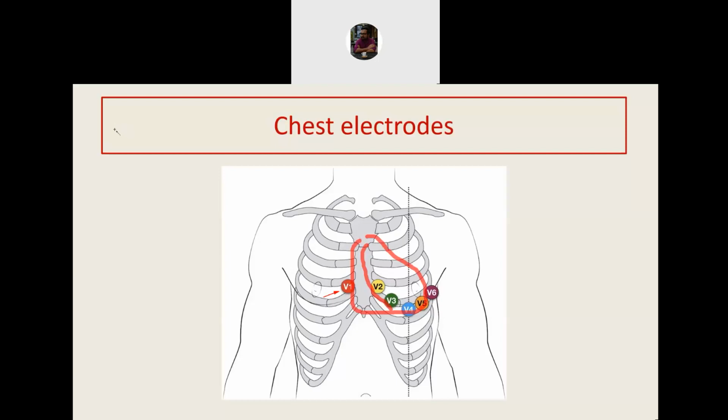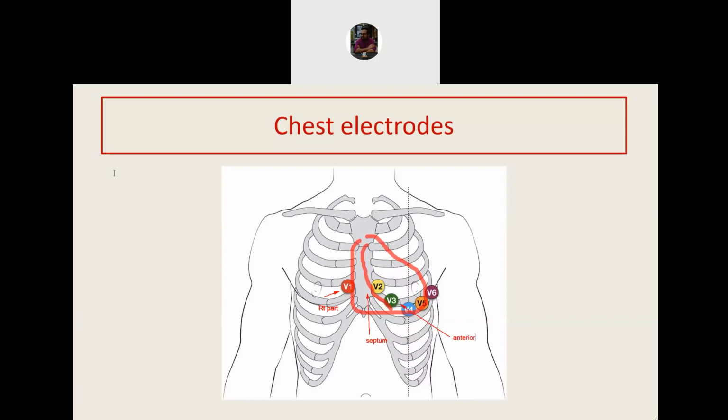So I am repeating, just look at the heart and you can easily understand. So V1 looks at the right part of the heart. V2 and V1 both are looking at the septum. V3 and V4 are looking at the front surface, that is the anterior part of the heart.